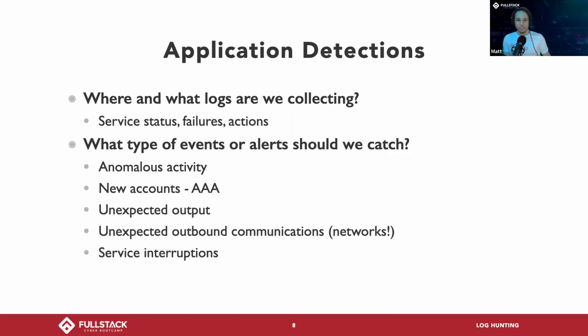And oftentimes maybe the blue teamers don't realize. They're like, huh, that's weird, something broke. They turn it off and turn it back on again and say, okay, my work here is done, everything is working. But they don't realize that somebody is inside here. So anytime there's service interruptions, that may be an indicator of compromise. That may be a security event and something that's worth looking into.